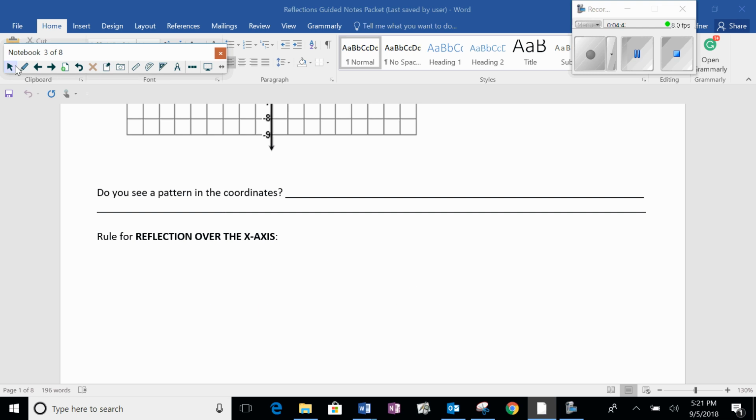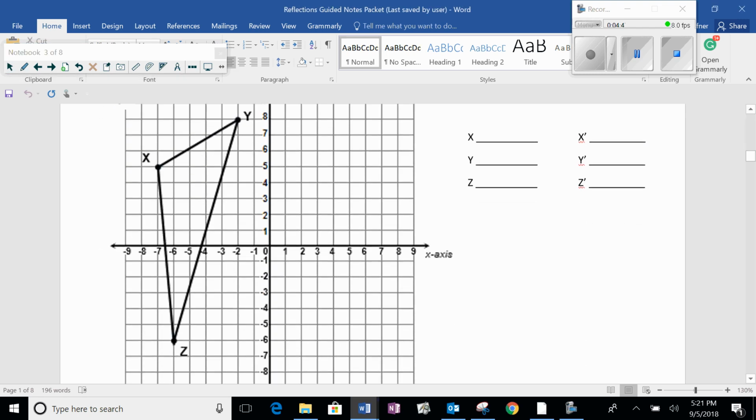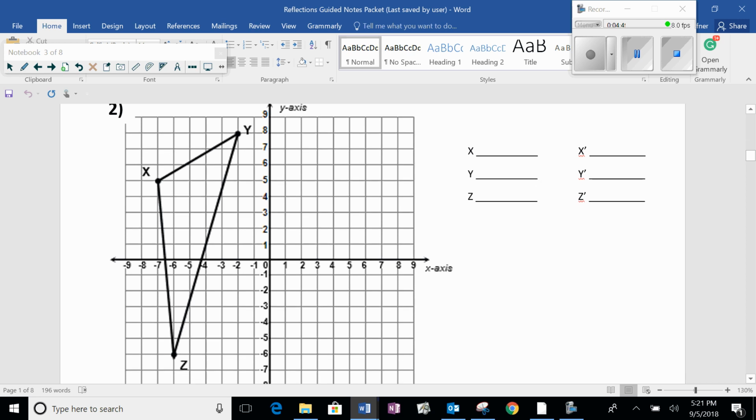All right, moving right along. If I look at this triangle, this time we're going to reflect over the y-axis. So the y-axis is our vertical axis, and I am going to flip my triangle XYZ over here so that it is a mirror image.